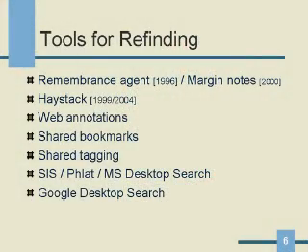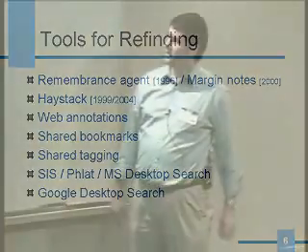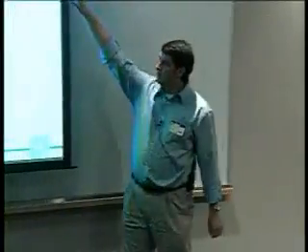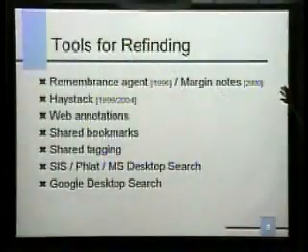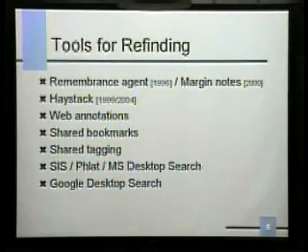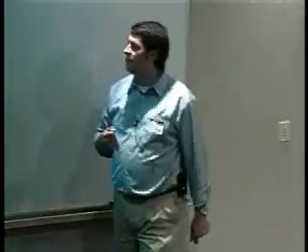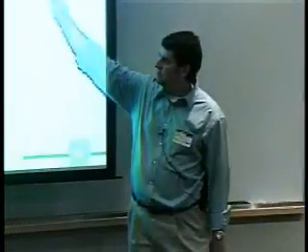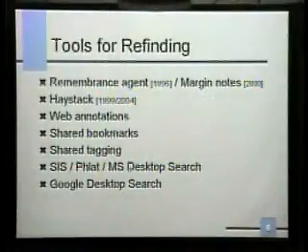There have been a number of tools that have kind of started to scratch the surface, some that go back into the mid-90s. There was some work out of MIT, the Remembrance Agent and Margin Notes, that tried to track what you were doing and make intelligent suggestions of things that you might be interested in along the way. There's a Haystack project also at MIT that does something similar.